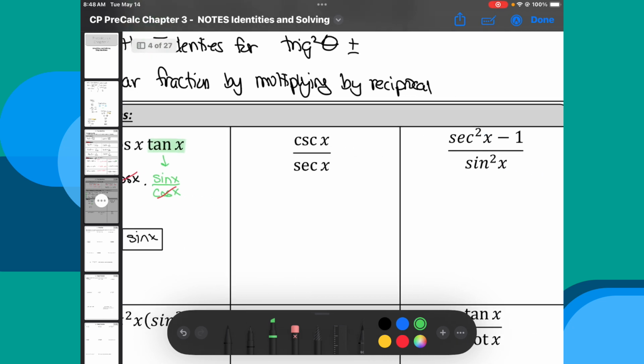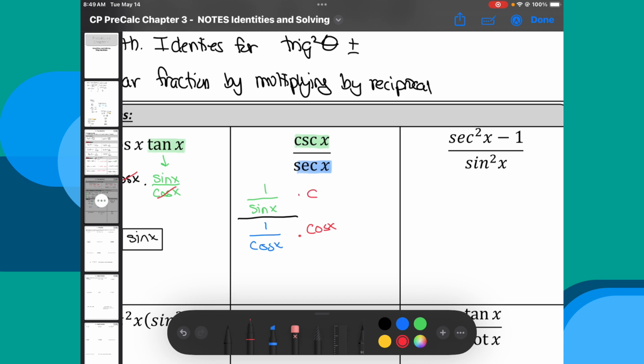All right, in the second example, we have cosecant x over secant x. The first thing I'm going to do is rewrite them in terms of sine and cosine. Cosecant is 1 over sine x. Secant is 1 over cosine x. And now we're going to multiply by our reciprocals. I'm going to look at the denominator, and the reciprocal of 1 over cosine is cosine over 1.